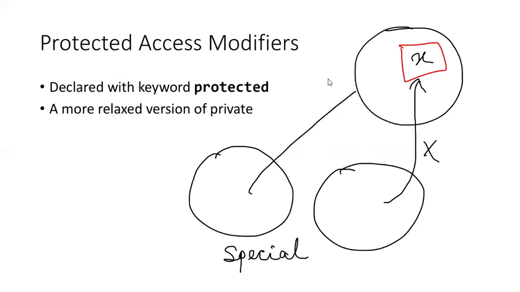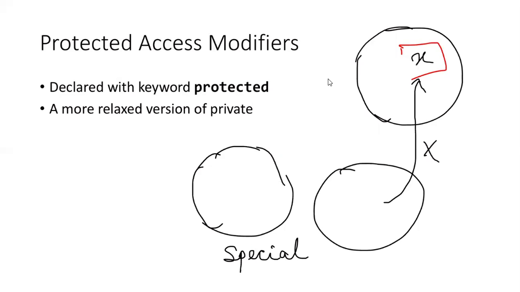So in that case, through this, I will be able to access, oh sorry, let me just rub this. So I have the object here.